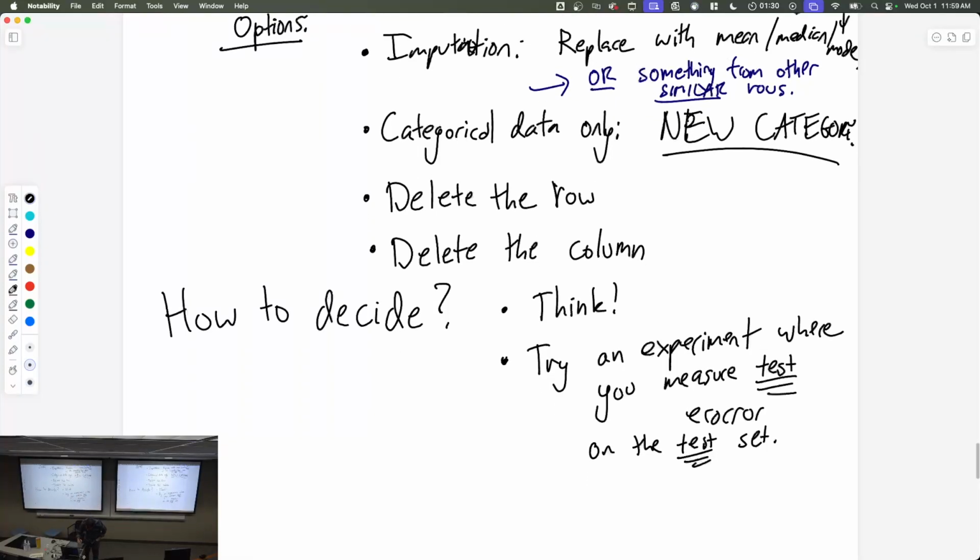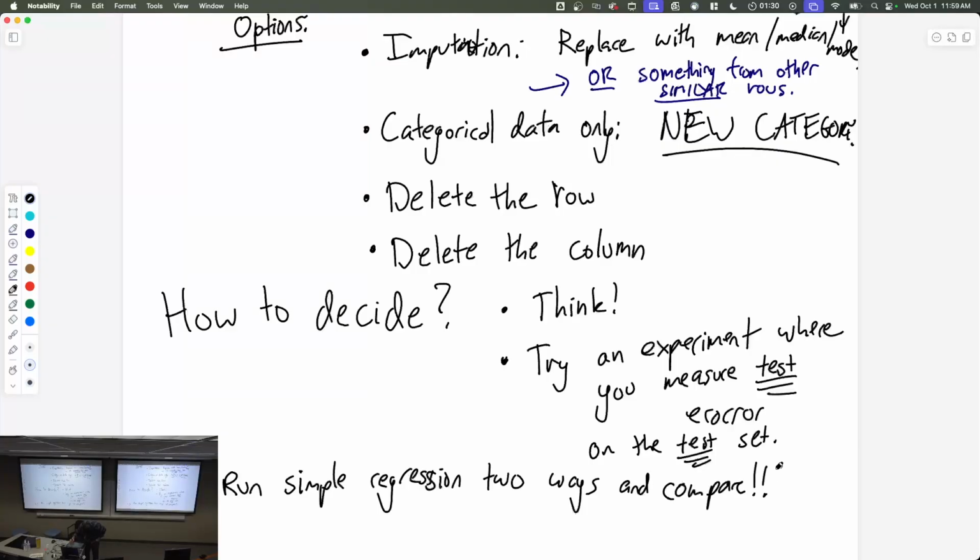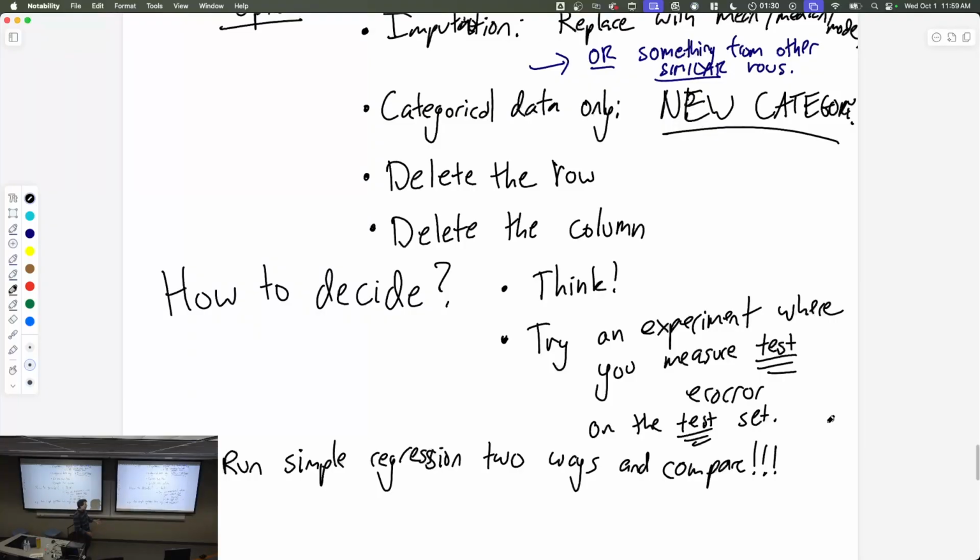So e.g., run simple regression, I'll say two ways, and compare. Okay. And then that's not like your final answer to the project or anything, but that will say, okay, well, I did it with deleting the rows, and I got a better answer than by putting in the other stuff. So maybe deleting the rows is the way to go.